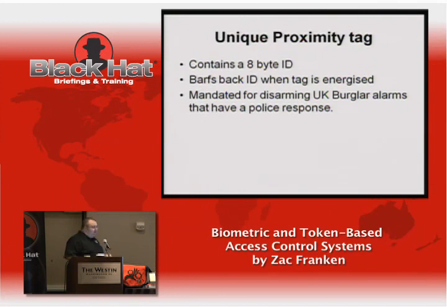I thought immediately that was a bit short-sighted, because I don't know where you're going to put your tag, but 99% of people will put it on their house key ring. So it's nice and convenient. You just unlock the door, you use your tag to disarm the alarm. Of course, if you happen to drop your keys in front of your door as you're walking away after you've locked the house up, then you're totally screwed.